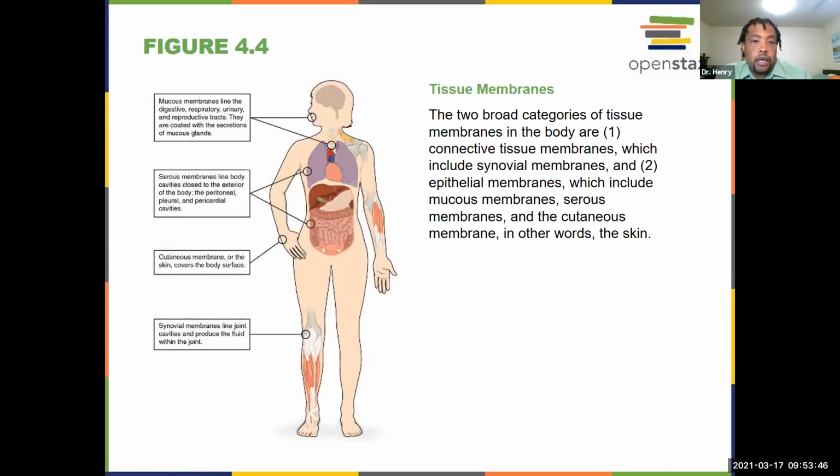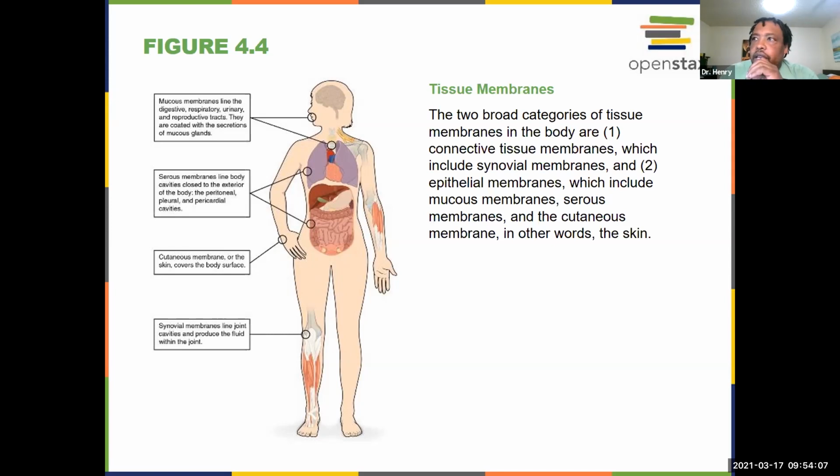So when we talk about these tissues, there are 2 types of tissue membranes. So we have what we call the connective tissue membrane, and then we have the epithelial membrane, okay?